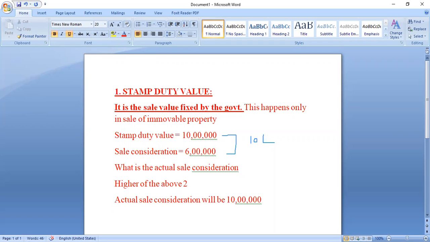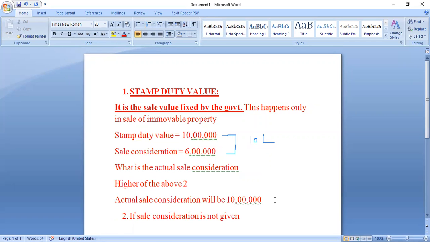Now, the second point is, suppose he has not given the sale consideration. If the sale consideration is not given, what you have to do?